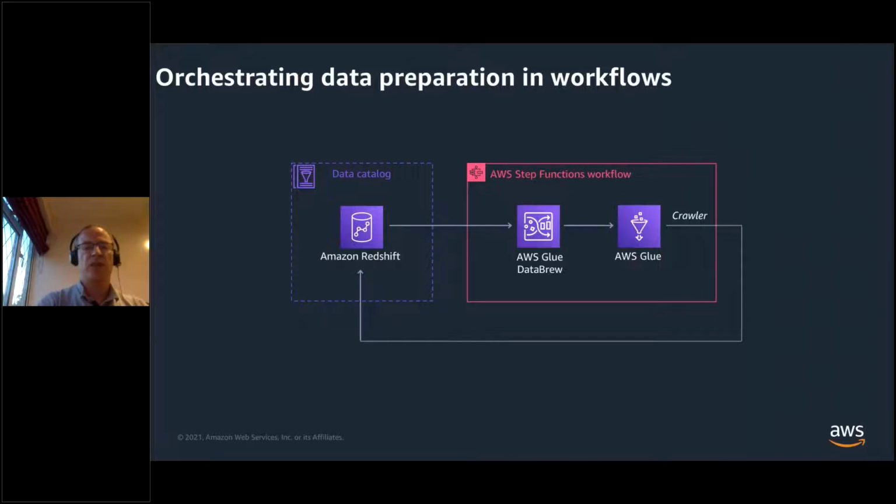So if you're looking to orchestrate at scale, you can leverage the integration with Step Functions to trigger your DataBrew job. And then once that data is prepared, it goes back into S3, and often customers prefer to run a Glue crawler again over that. And then you can look to use Glue to load that transformed data back into Redshift for further querying. So that enables your data scientists and data analysts to do data preparation at scale.